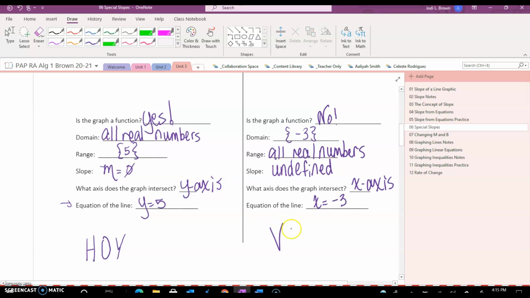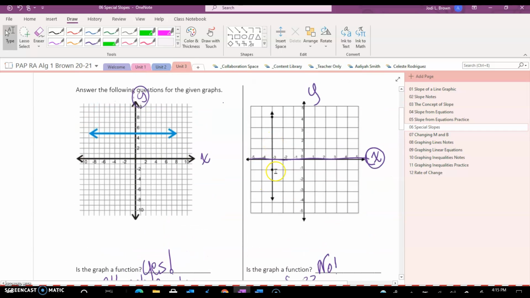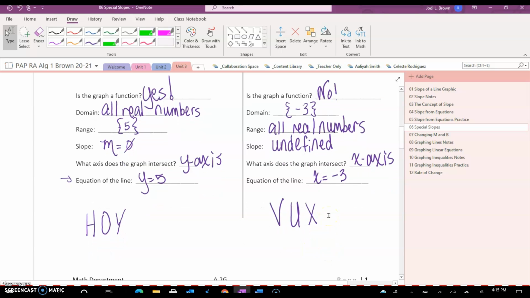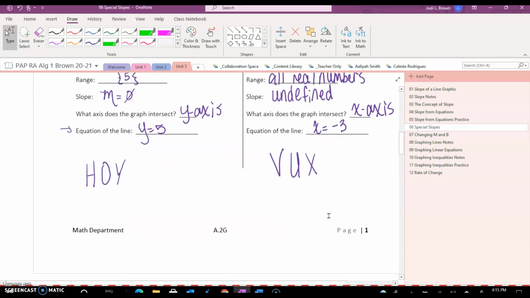Your slope is undefined, and your equation is x equals a number. So whenever you're thinking about your horizontal and vertical lines and their slopes and what their equations are, always think of Hoy Bucks because that will help you remember it. Promise. All right, let's continue on.